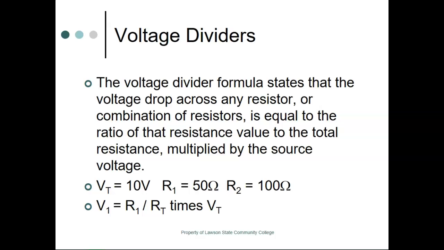But we want to know what V1 will be with 10 volts applied. So the way it would set up is like this. So you would end up with V1 equals 50 divided by 150.